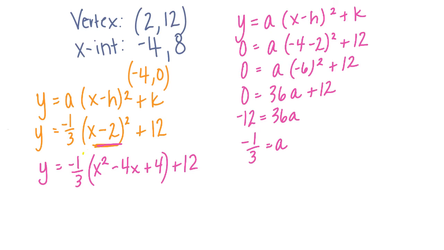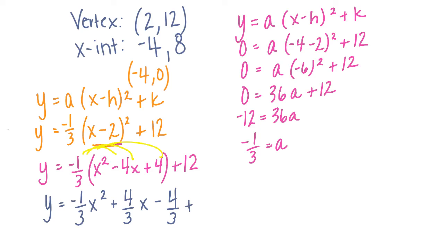I have to distribute this 1/3 to all three terms, and I get y equals negative 1/3 x squared plus 4/3 x minus 4/3 plus 12. Oops, that should be a plus 4/3 x. And notice here I do have to add these like terms, so I'm just going to do that over here.